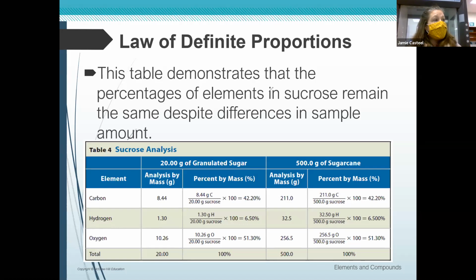Now look over at the second column there. If I had 500 grams of sugar cane, which is the same thing as granulated sugar, and 211 of it were carbon. Divide those two. 211 divided by 500 gives me what? We're just checking this first row here. 42.2, good.